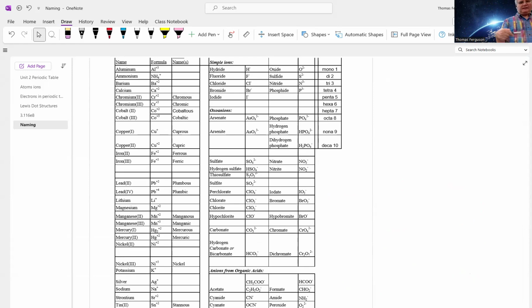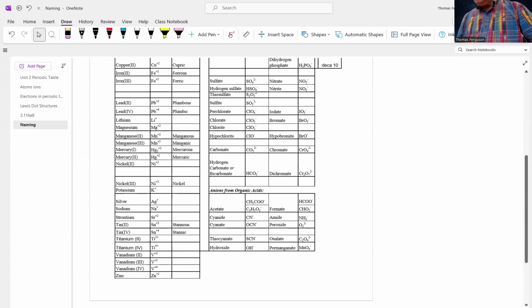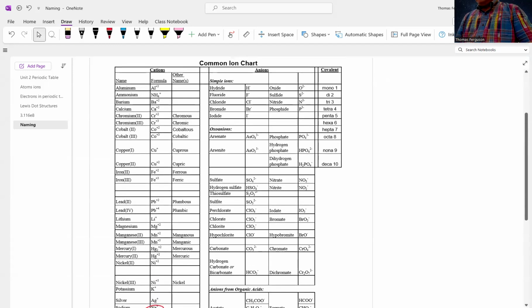Another way to tell is to look on your common ion chart. We have sodium down here, and we have chloride up here.